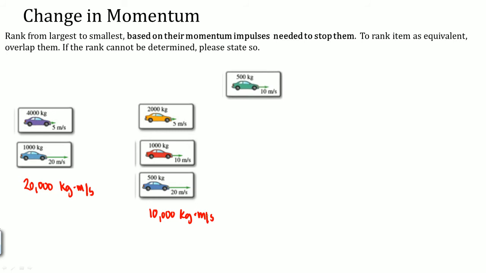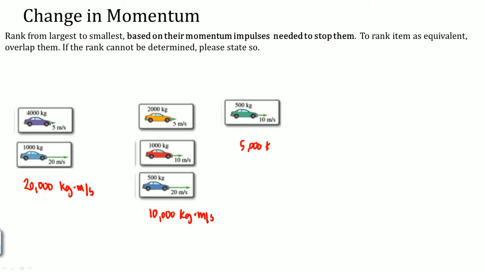And the last one is 5,000 kilograms times meter per second. This is the same as before because to stop, P equals 0. Momentum equals 0 because velocity final was equal to 0. So the change in momentum was just its initial momentum.